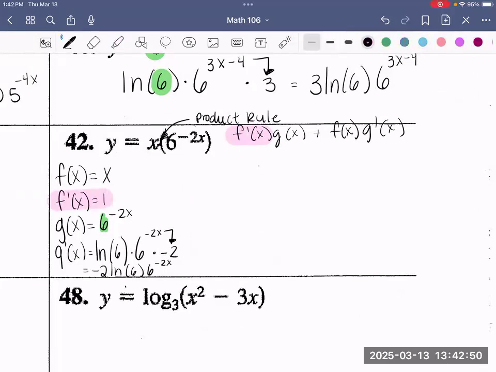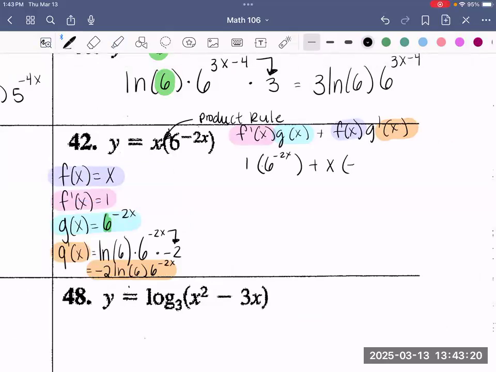My derivative of f, that is 1, times g, that is this whole thing here, 6 to the negative 2x, plus f of x, that is just here, x, times the derivative of the remaining. Negative 2 ln of 6 times 6 to the negative 2x.